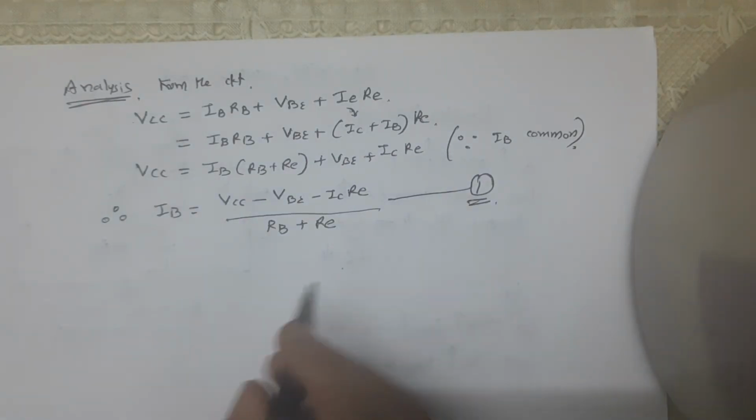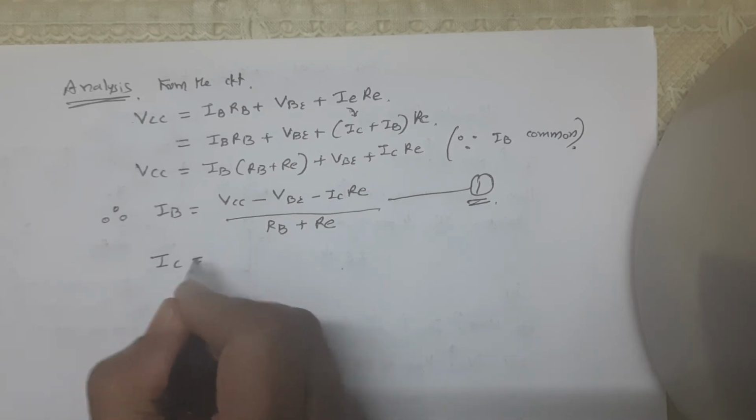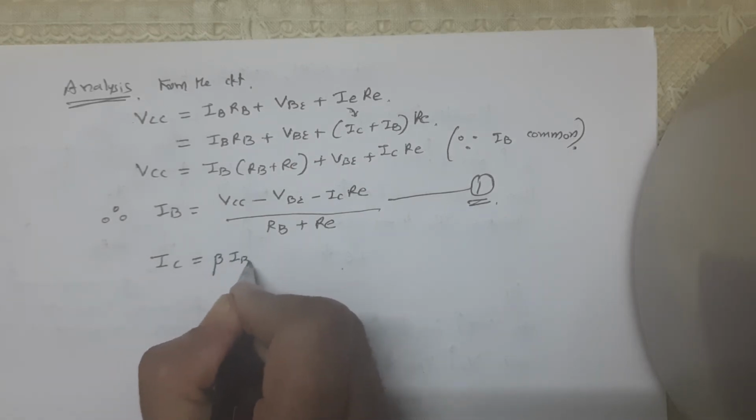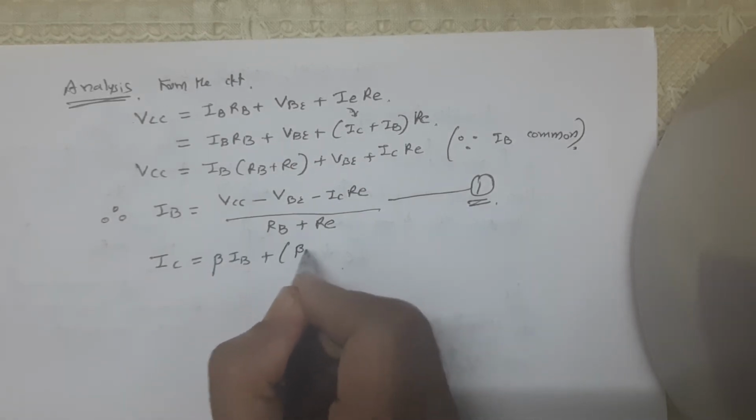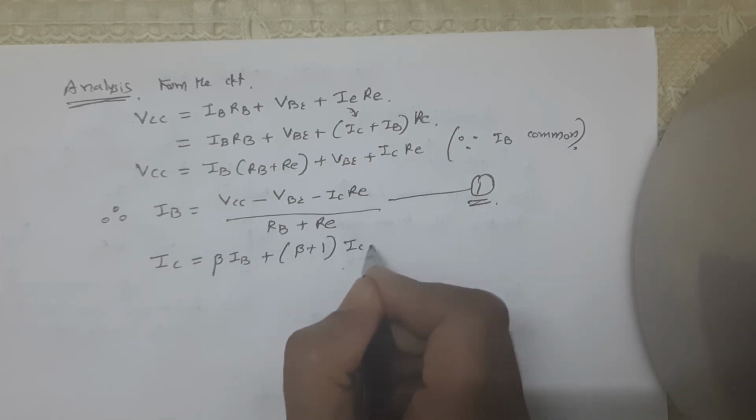Now we know that IC is equal to beta IB plus (beta plus 1) ICO.